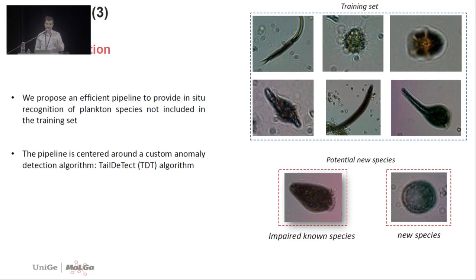Or they could be species whose morphology drastically changed because they are reacting to a perturbation, to a change in salinity, in temperature, or to a chemical. Here on the right of the slide, we can see a toy example. This pipeline is centered around a custom anomaly detection algorithm that we named the tail detector, simply the TDT algorithm.